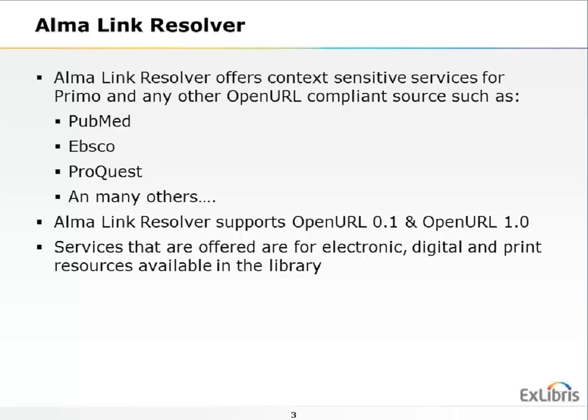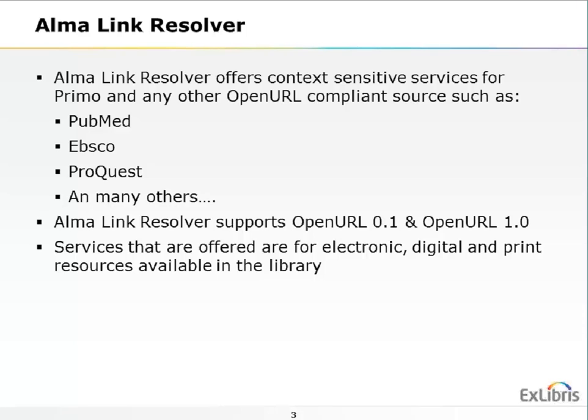When an end user searches and encounters a specific citation that describes a journal, a book, an article, the idea is that Alma Link Resolver will offer context-sensitive links to the search that he just performed, providing him with links to full-text articles that he has access to, or providing additional services such as resource sharing and so forth. We'll see examples, and hopefully it will be more clear. But the idea is that Alma Link Resolver does offer context-sensitive links.